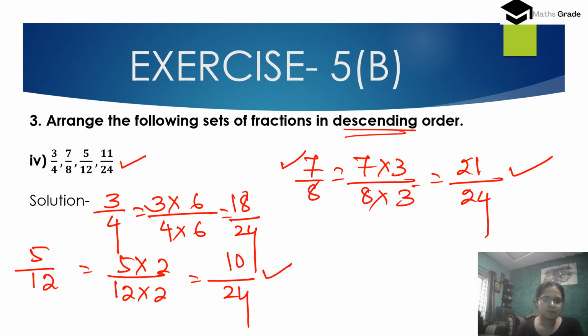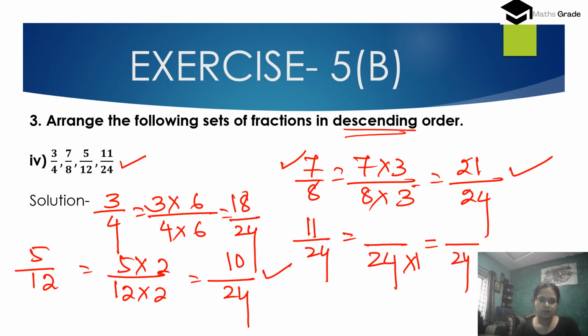Now convert the fraction 11 divided by 24 into an equivalent fraction with the denominator equal to the LCM, which is 24. So we multiply the denominator 24 with 1, we get 24, and multiply the same number 1 with the numerator 11, we get 11. So 11 divided by 24 is the equivalent fraction of 11 divided by 24.